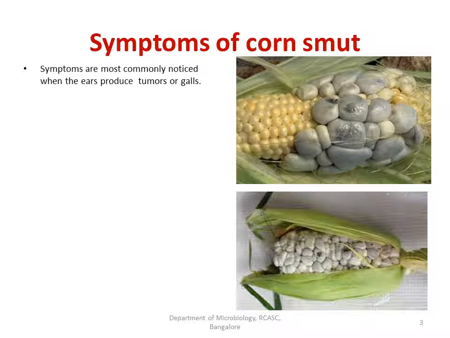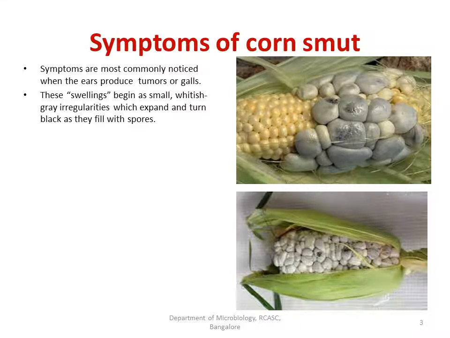They are an undifferentiated mass of cells. Such tumor formation happens wherever the infection has occurred. The infection can happen on the entire inflorescence, or on the leaf or the leaf sheath or on the stalk, etc.